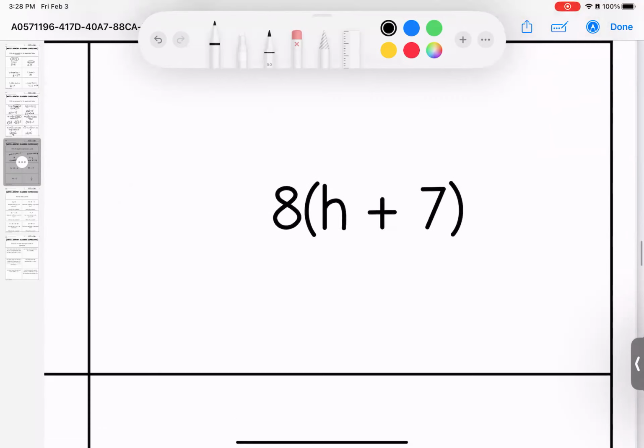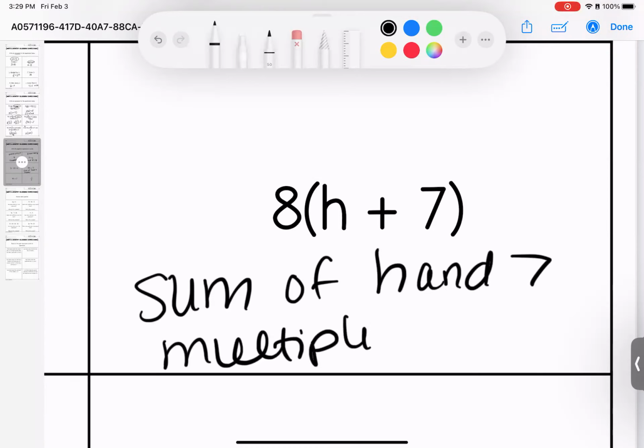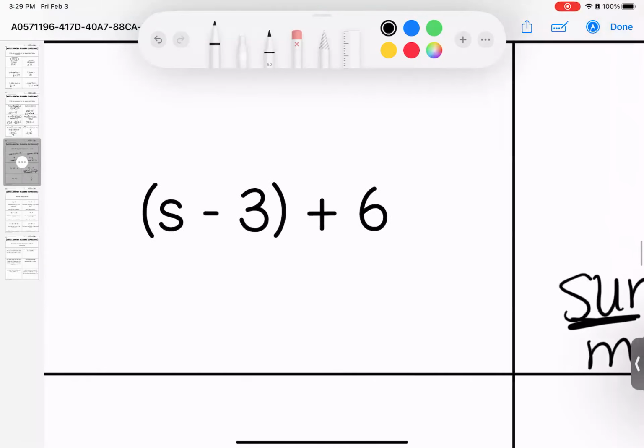Down here we have 8 times h plus 7. So we have the sum, here we go, the sum of h and 7 multiplied by 8. So that tells me that I have to add together h and 7 and then multiply it.